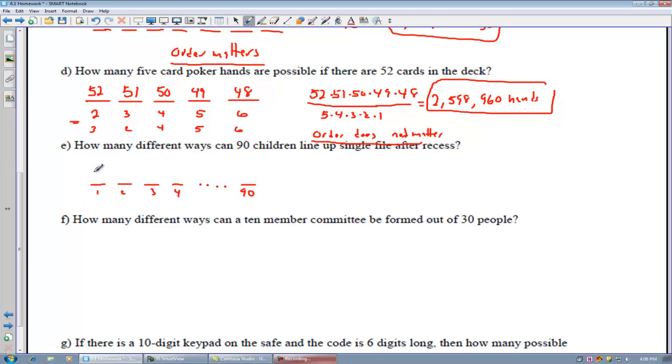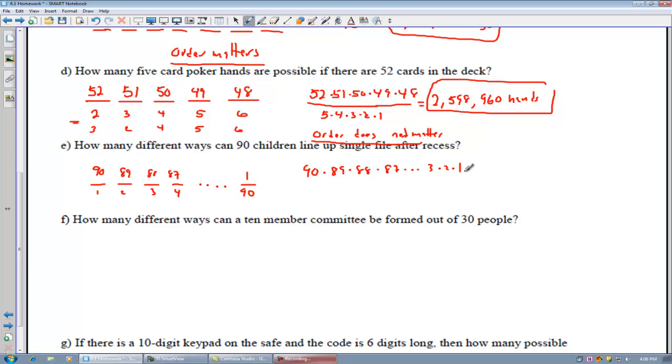And so for the first spot, of course, you have 90 choices possible because you have 90 kids. Then one kid fills that spot, so now you have 89 choices, 88 choices, 87 choices, all the way down to 1 choice. And so the idea is you take 90 times 89 times 88 times 87 times all the way down to 3 times 2 times 1.